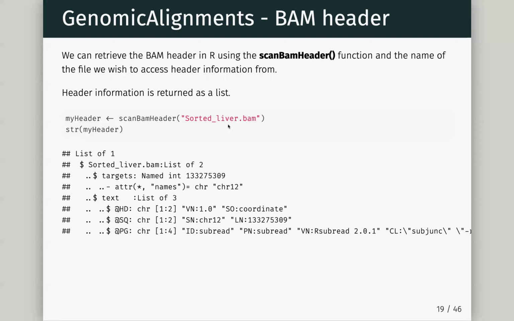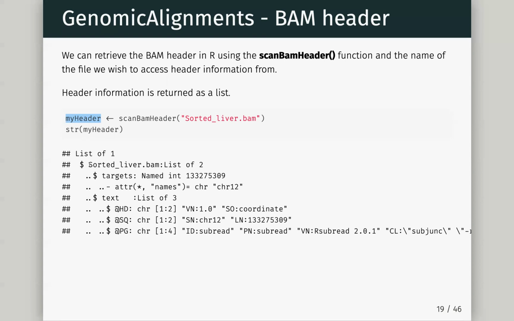So the first thing, to get access to this header, we can just do scanBamHeader. We give it the path to our sorted indexed BAM file. It doesn't actually need to be indexed, I think, in this case, because we're just looking at the header. It's always at the top of the file. If we do this, we get back a list. I don't think it's a clever object. It is just a list.